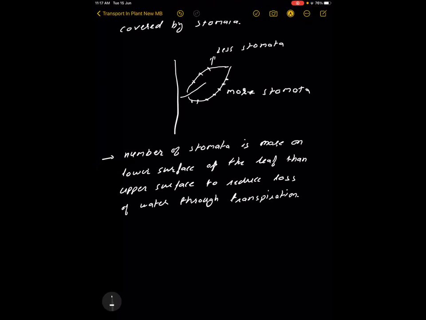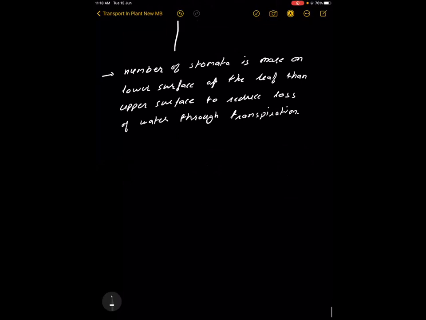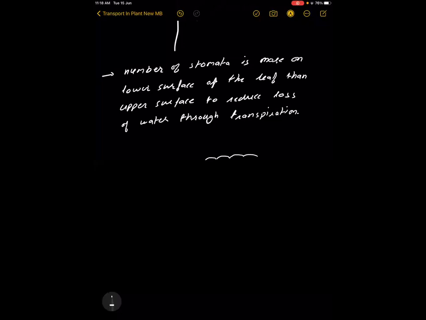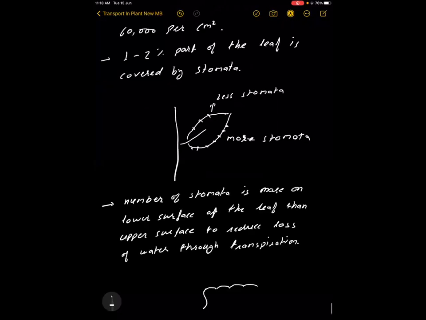In xerophytic plants the stomata are present, but they are deeply inserted, not directly on the epidermal surface. They are covered by subsidiary cells. So suppose this is the epidermis.